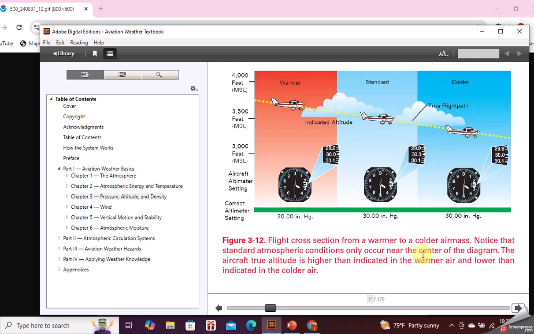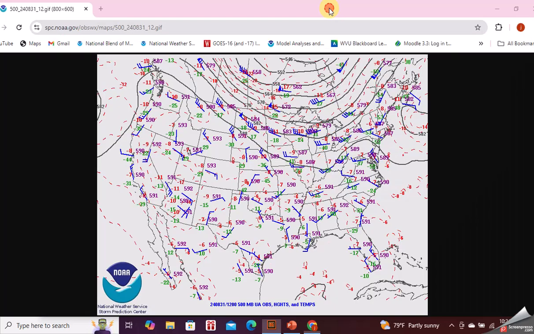So when we were looking at these pressure charts here, I looked at temperatures. The coldest temperatures are up here where the lowest pressure is. So the pressure decreased faster where the temperatures are colder, where the air mass is colder. It's a real quick way to look and say, oh, the pressures are lower up above me at 500 millibars, so I've got a colder air mass below that area.